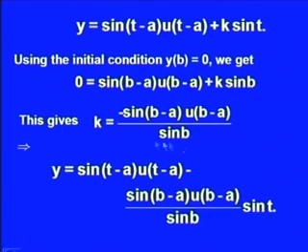Hence y is equal to sin(t minus a) into u(t minus a) minus, substituting the value of k, sin(b minus a) into u(b minus a) over sin b into sin t.